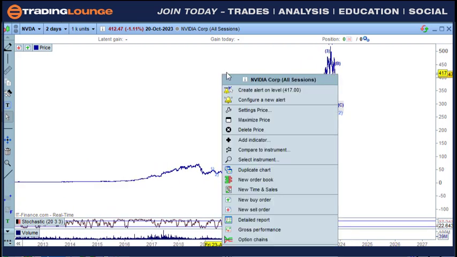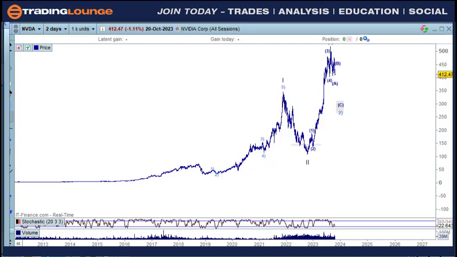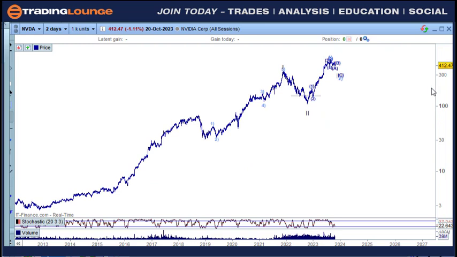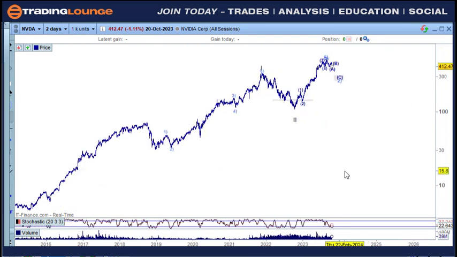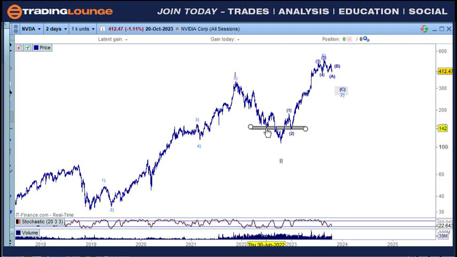We could put it on log scale, and that would give it a bit of a different spin. But like I said, it still comes back to that 60%. You know, that's the thing. So I'd have to call this wave 1 and 2 and 1 and 2 here.